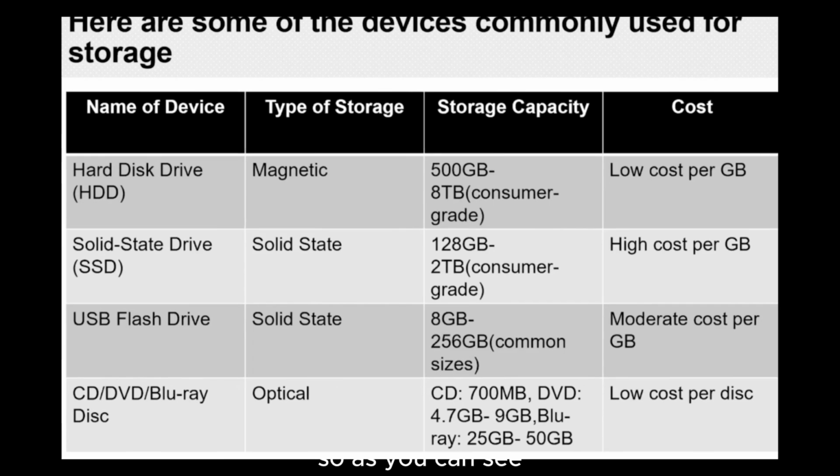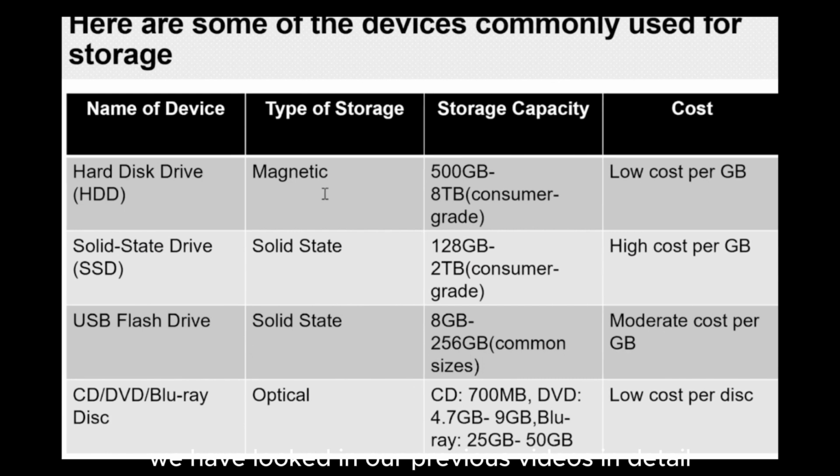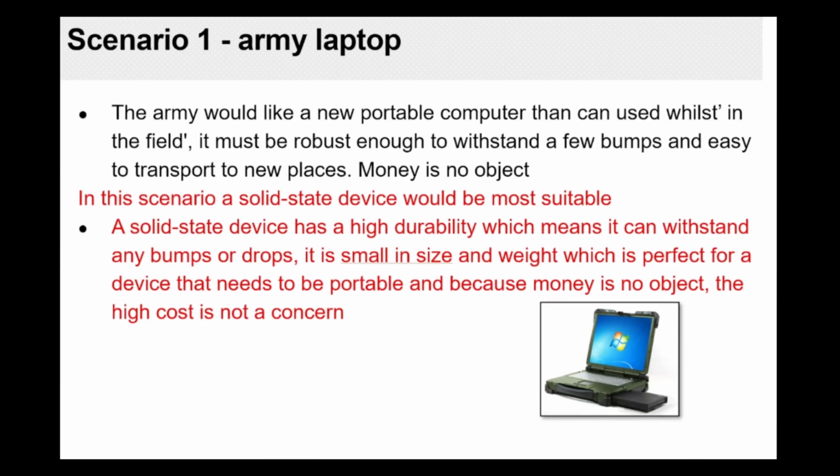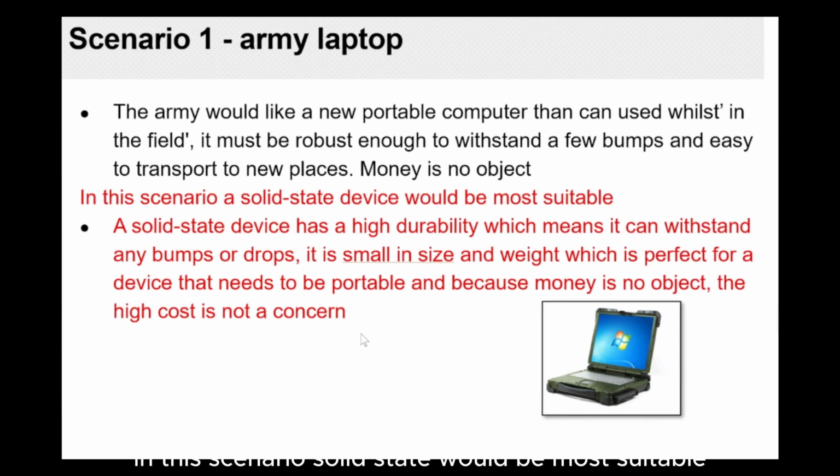As you can see, we have looked in our previous videos in detail at magnetic, solid state, and optical. In this scenario, solid state would be most suitable. Why? Because you have to read the question. The question says it has to be portable and must be robust.